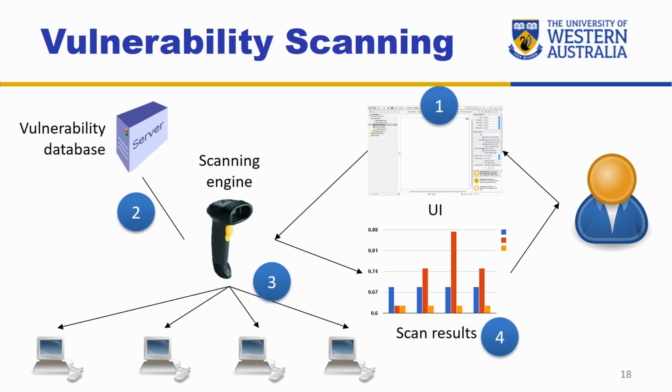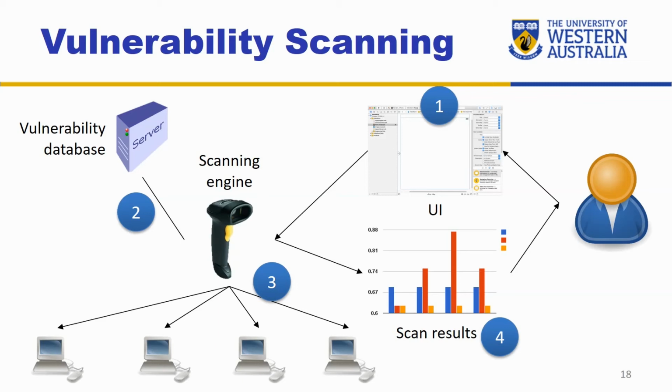Those inputs can consist of what kind of host we want to scan, the host's details to start the scanning, what kind of vulnerabilities we're interested in, etc. Once those inputs are formulated at step 1, the scanning engine will start scanning the hosts that have been inputted, and at the same time it will query the vulnerability database to match the information that has been scanned from the hosts.